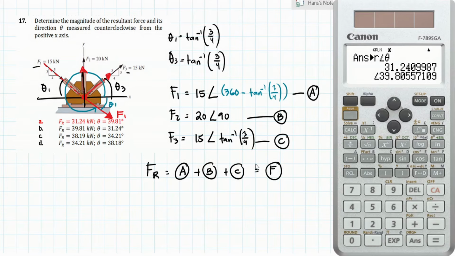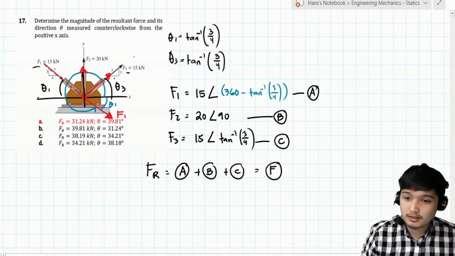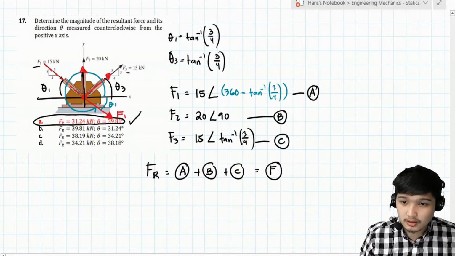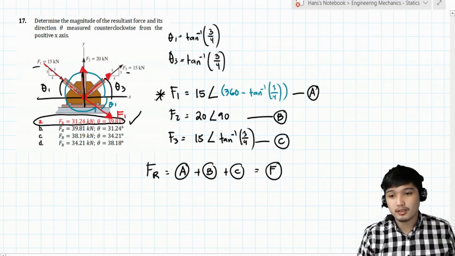So, ibig sabihin, nasa quadrant 1 siya. So, with that, we can say that the correct answer is letter A. So, hopefully class, na-gets nyo yung ginawa natin and yung pagiging crucial ng direction ng F1.